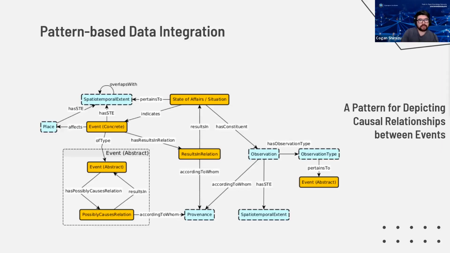And so that's what this pattern is meant to do, is to say that a concrete event such as the Thomas Fire caused or resulted in the situation that would lead to the mudslide that caused an immense amount of damage in, I think, 2017.